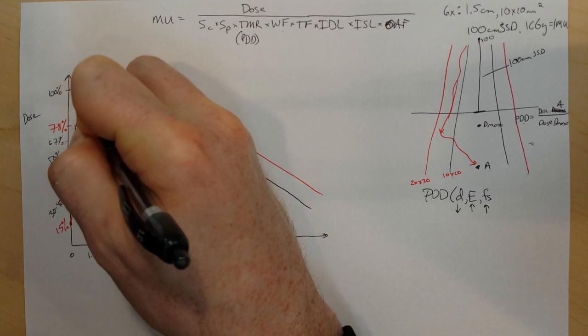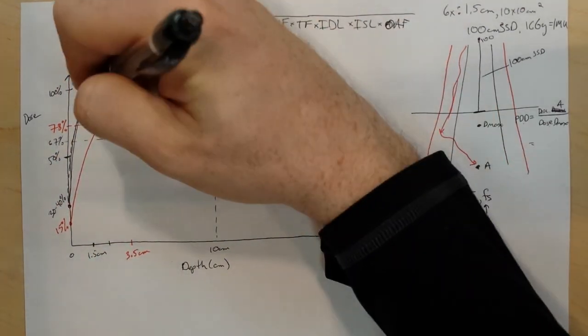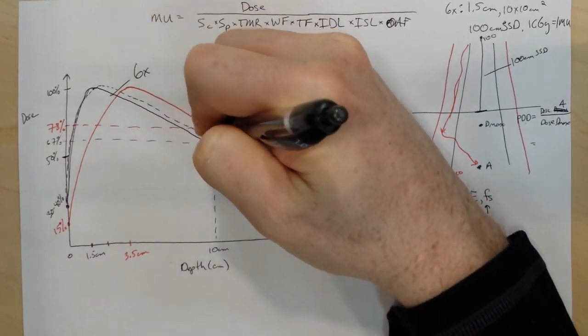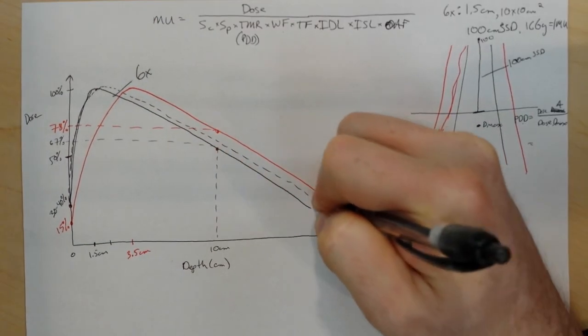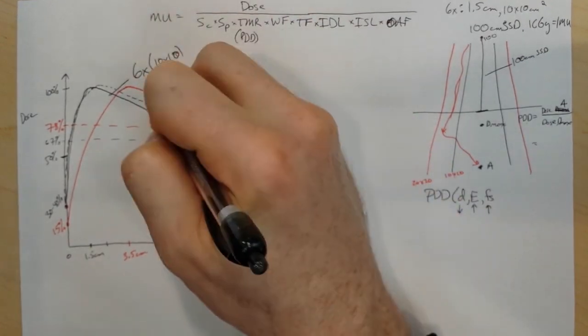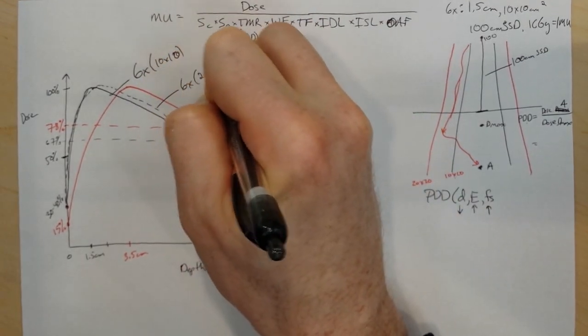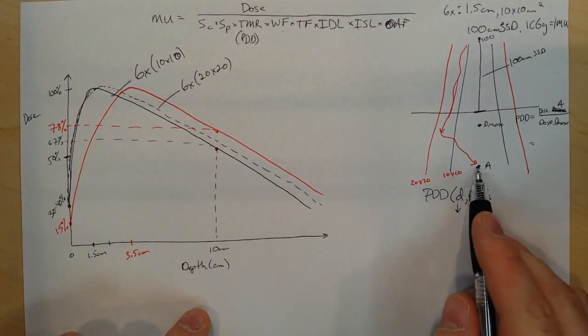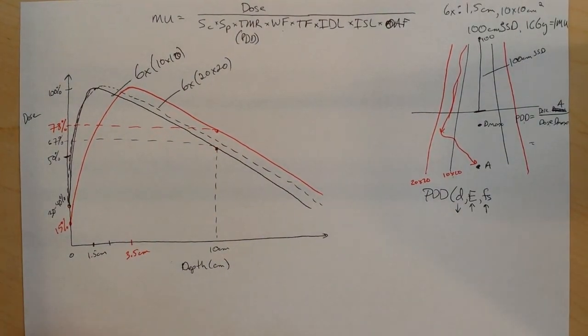Everything looks similar to Dmax, except my percent depth dose is a touch higher because I have a higher reading at point A.